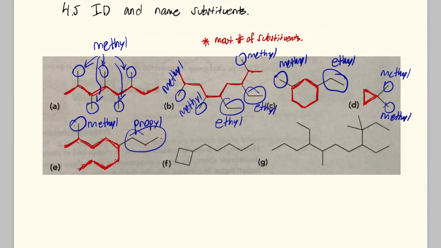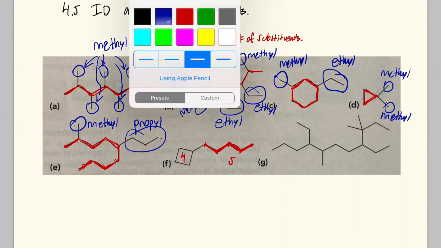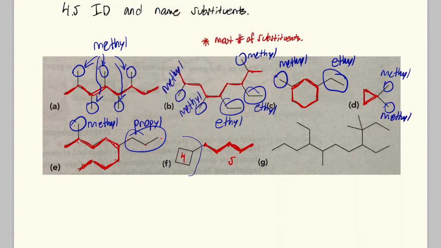Now, for this one, be careful. You have 4 carbons in the ring, or you have 5 carbons in the chain. So 5 outrules 4. So we want to select our longest chain to be this guy here. And in blue ink here, I will highlight the substituent. And we are not circling this carbon here because that carbon is part of the longest chain.